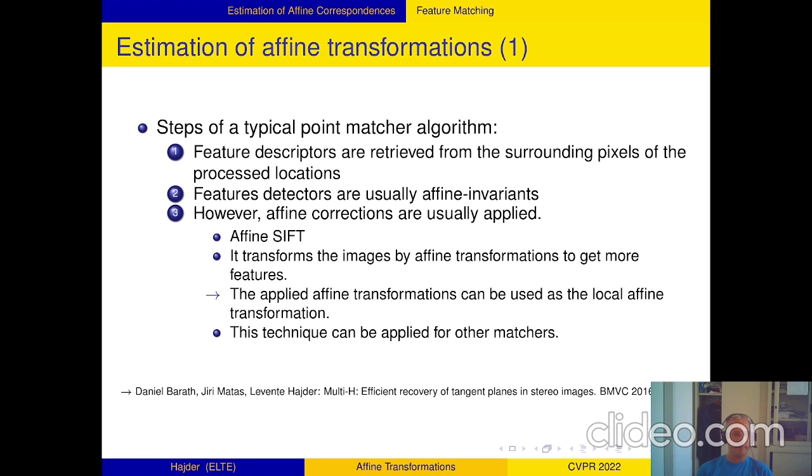For affine SIFT, the images are transformed by several affine transformations, and then the SIFT algorithm is run again and again, and using the affinely transformed images, more feature matches can be retrieved from the image pair. However, the affine transformations can also be retrieved, as the applied affine transformation is a good approximation for the real one.